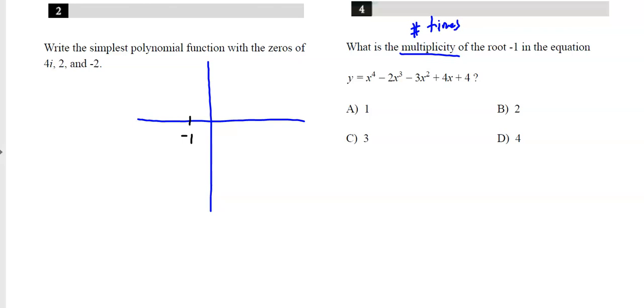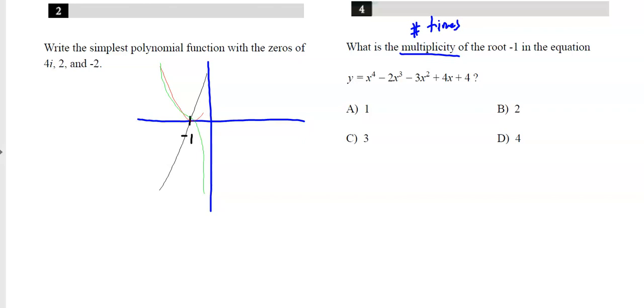One is if it just comes up through here and goes up, that's only going to happen one time. Actually, x to the 4th is going to be coming down. But if it comes down and bounces, then it could be a 2 or a 4 multiplicity. Or if it comes down and bends right there, then we know it's got an odd multiplicity, like 3.